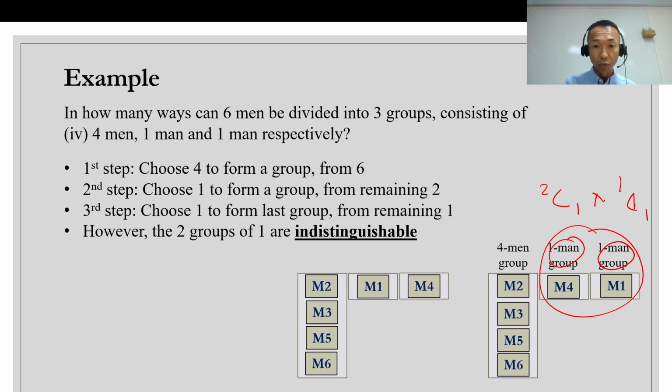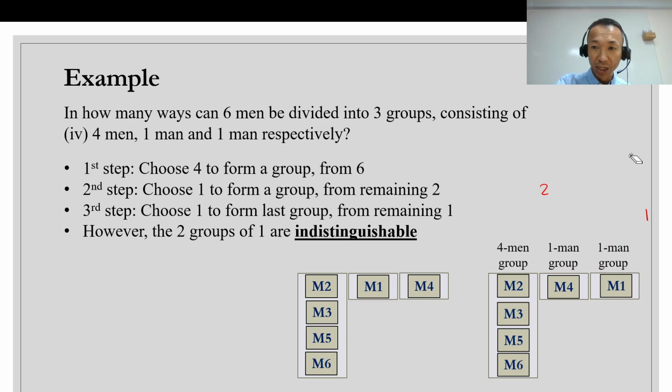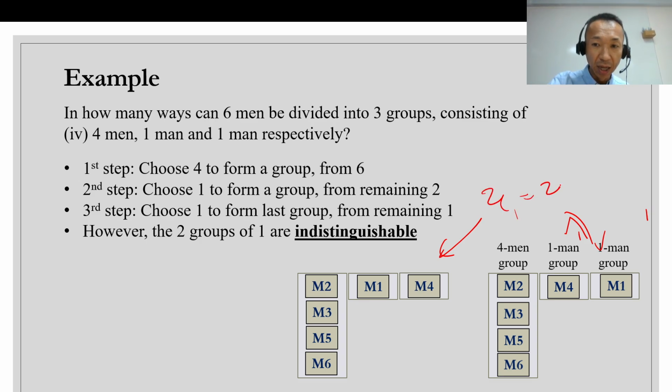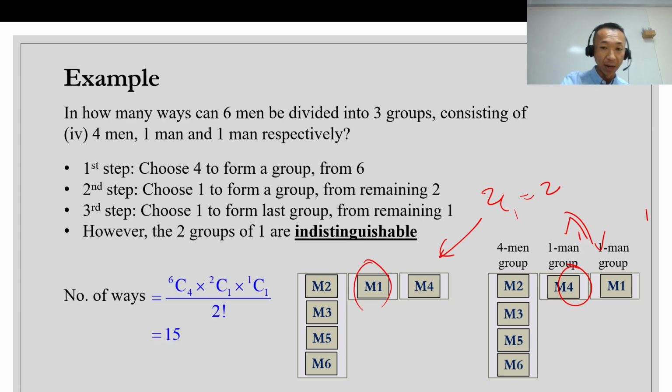So what you need to do, you can see here, these two, we have counted these two cases as separate when in fact they are the same. Because the moment you take 2 choose 1, that means you have 2 ways to pick this one. But in actual fact, there is only 1 way to pick that. So you must divide by 2 factorial. Why? Because you have counted them as an ordered pair.